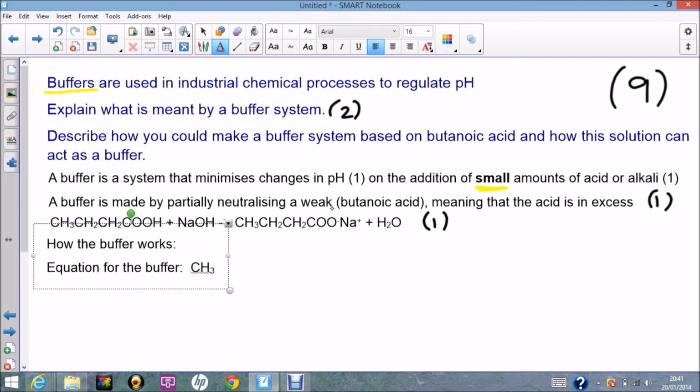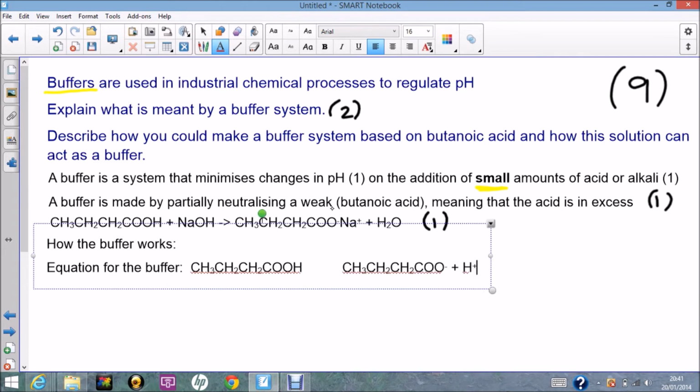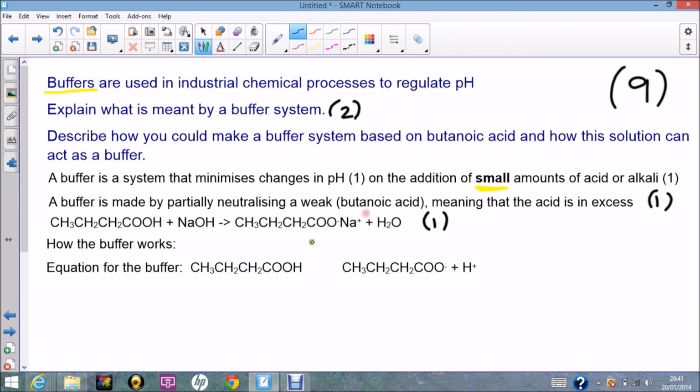And what you should be left with is an equation that matches what you would write if you were asked to just write a dissociation equation for the acid. And of course I'm going to need to put in reversible arrows in this one. So there's my buffer equation, and I should get 1 mark for that.